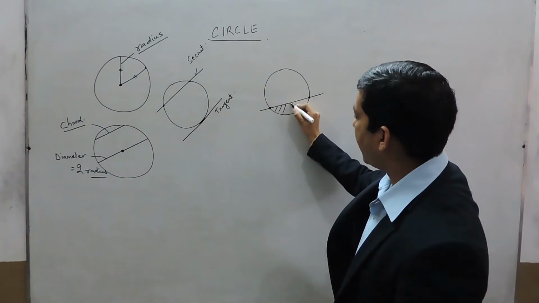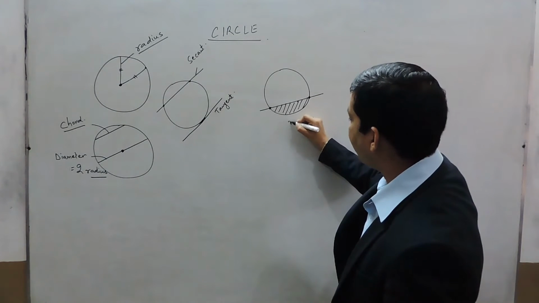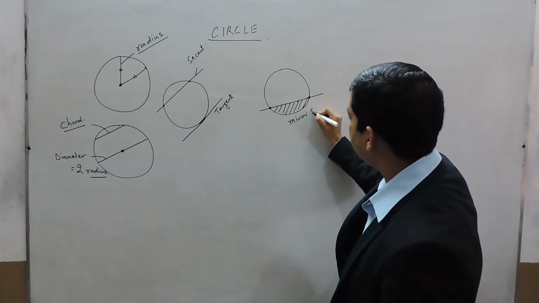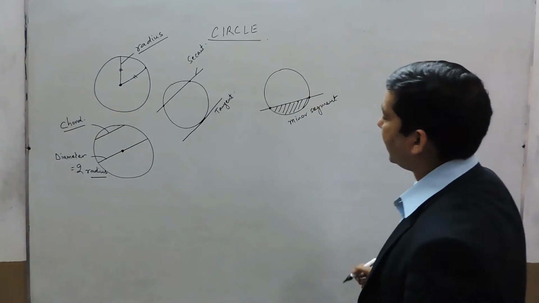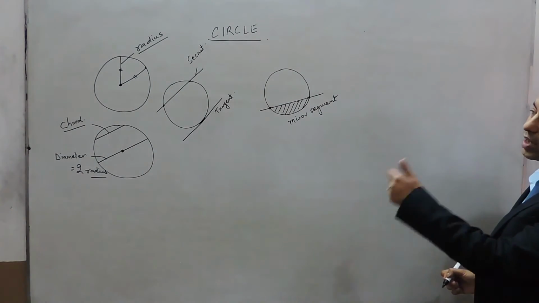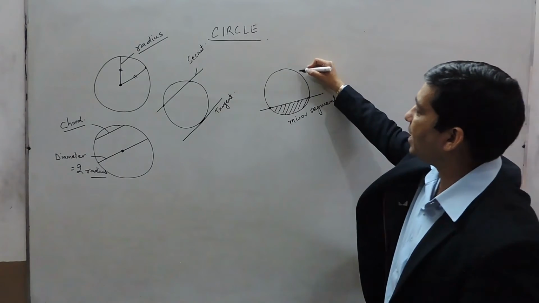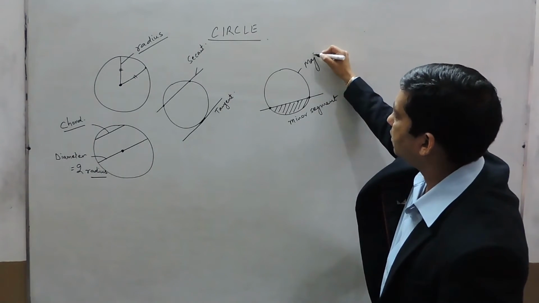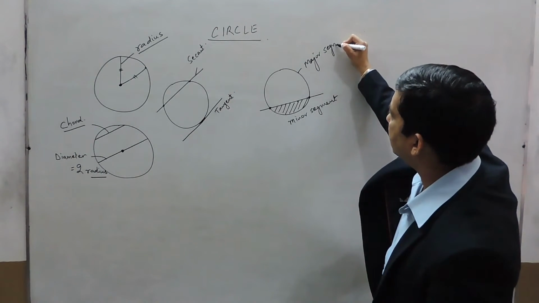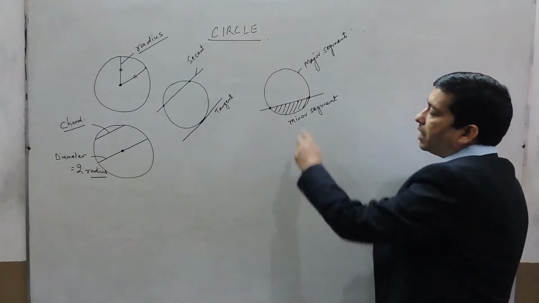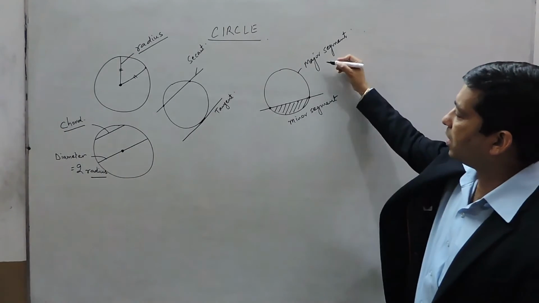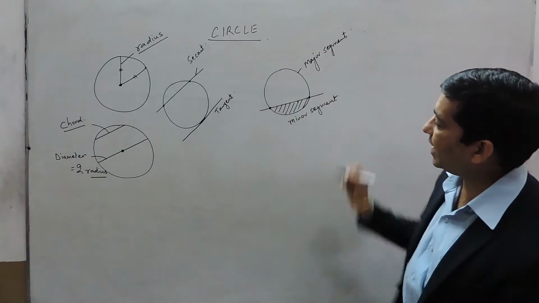This portion is known as the minor segment, and this portion, the greater portion, which is more than half the circle, is known as the major segment. This is the difference between the major segment and minor segment area-wise.